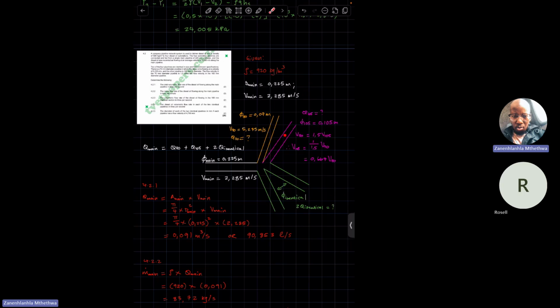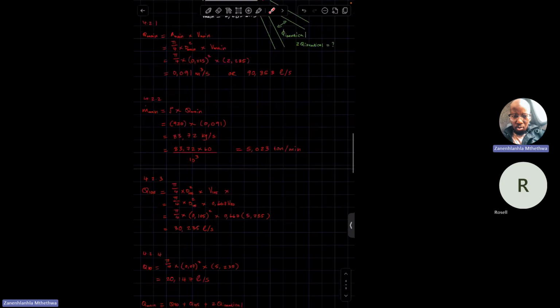Now here we have the diameter, but we don't have the velocity of the oil through this pipeline. But we do have this velocity ratio that we were given for these two pipes. So because we have the velocity of this one, it means we can get the velocity of that. Once you get the velocity of this one, now you can calculate the Q, seeing that you have the area.